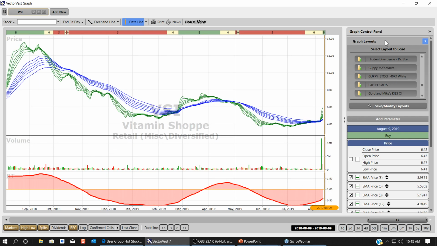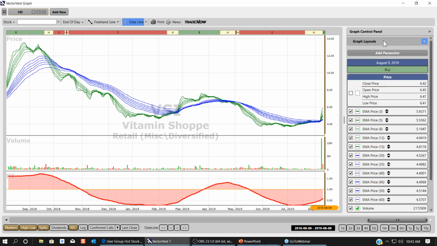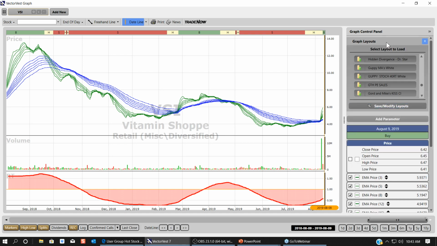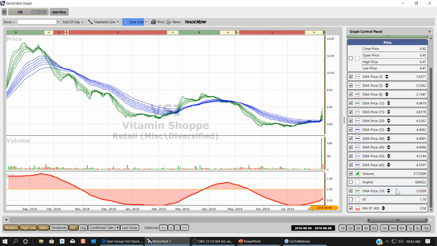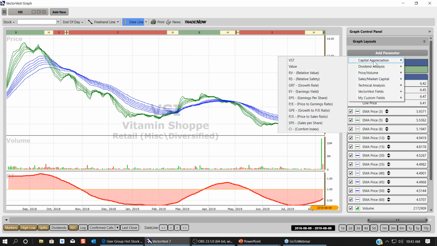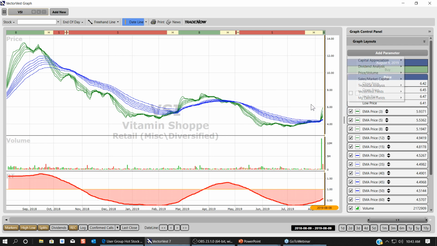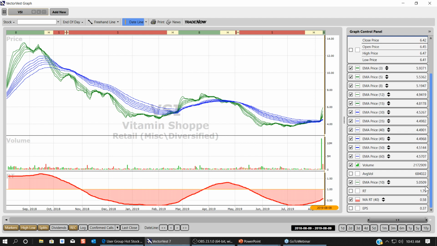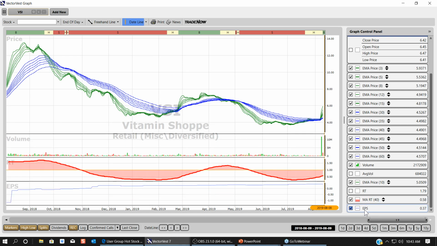Okay, this is a little different than the one I set up for today, but let's just do this. You definitely want to add earnings per share, so we add parameter. I don't know what happened to my layout. Capital appreciation, and there's earnings per share, so you definitely want to have a look at earnings per share.